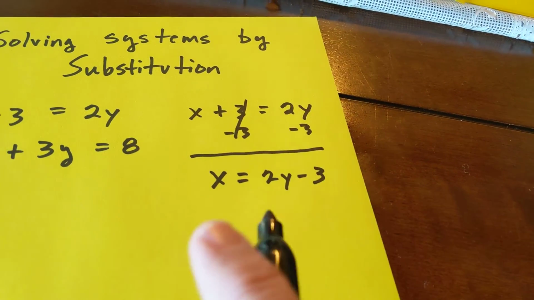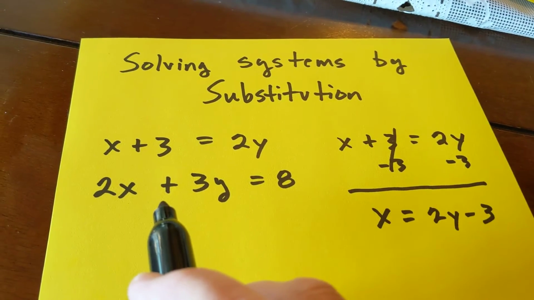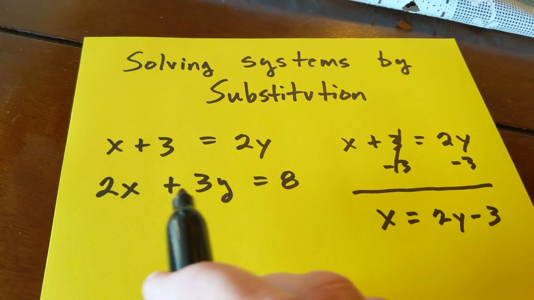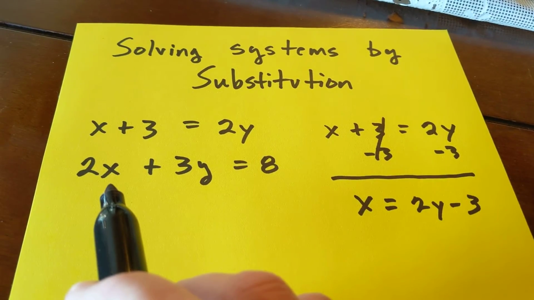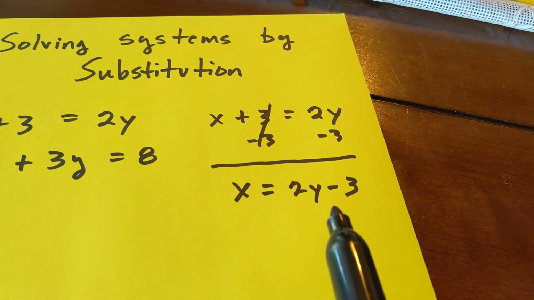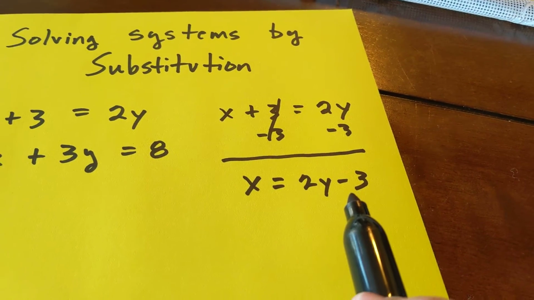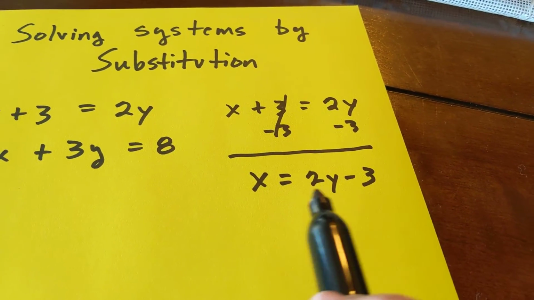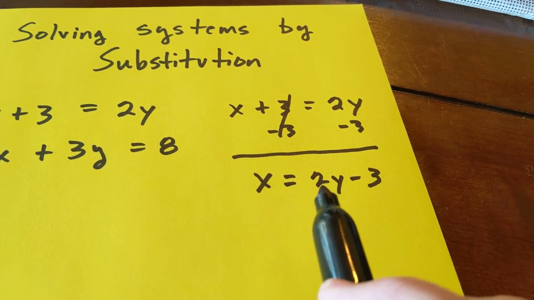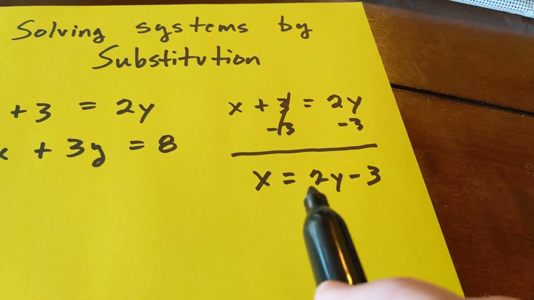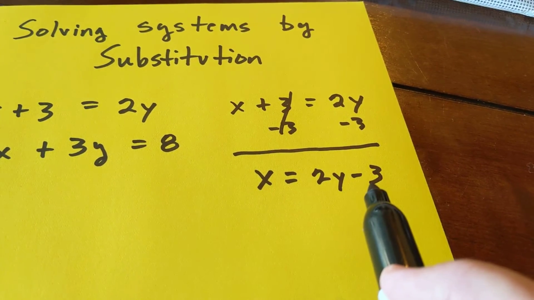And so now what I'm going to do is rewrite this equation that says 2 times x plus 3y equals 8. But instead of that x, I'm going to substitute 2y minus 3. Now the reason I'm going to do that is because this statement says x is 2y minus 3. So x is the same thing as 2y minus 3.